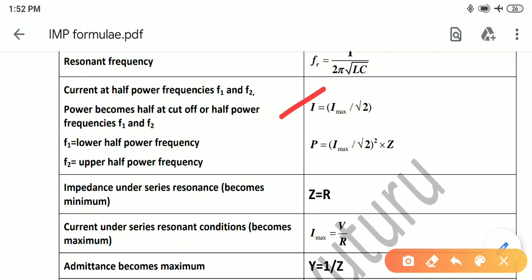Therefore, the power becomes half at half power frequency. That's why the name is half power. These half power frequencies are also called cutoff frequencies. So we can also call F1 the lower cutoff frequency and F2 the upper cutoff frequency. We have two names for F1 and F2, in terms of half power frequencies and in terms of cutoff frequencies.